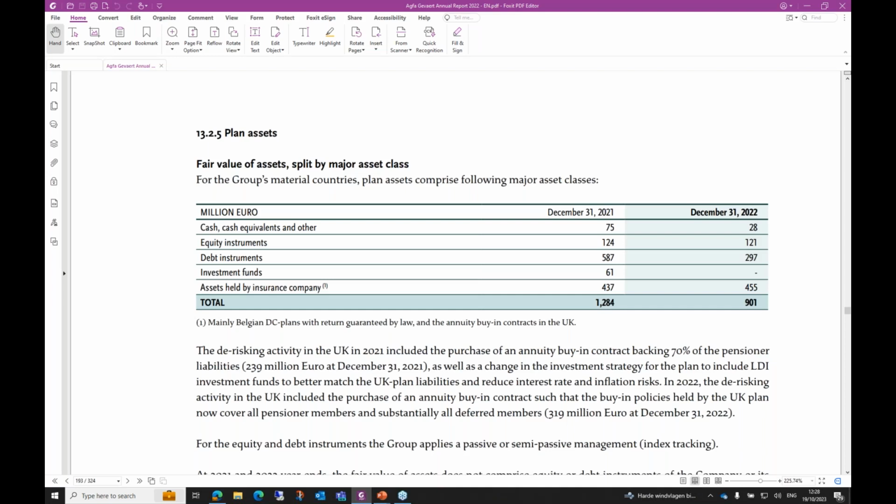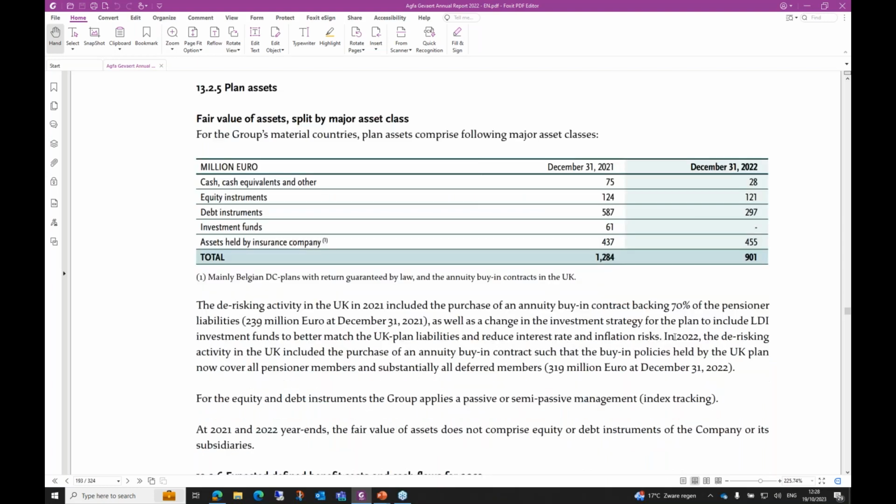And you may mention here then what is cash, what is equity, shares, what is debt instruments, bonds, what are investment funds, for example, etc. So you need to mention that. You see that the Belgian plans, you see assets held by insurance company, those are for the Belgian DC plans, but also in the UK, what I see.